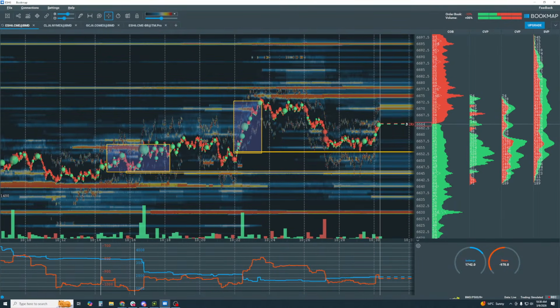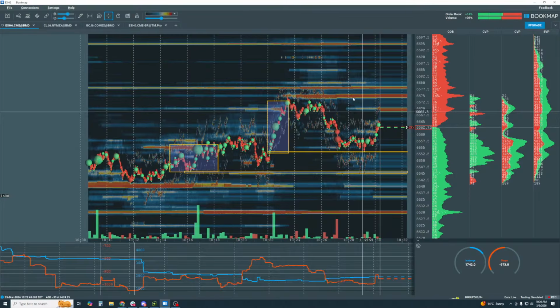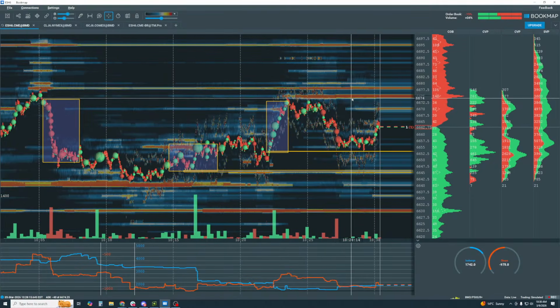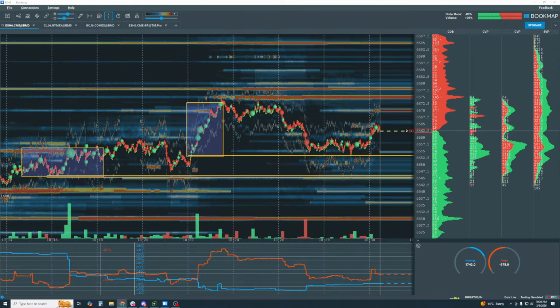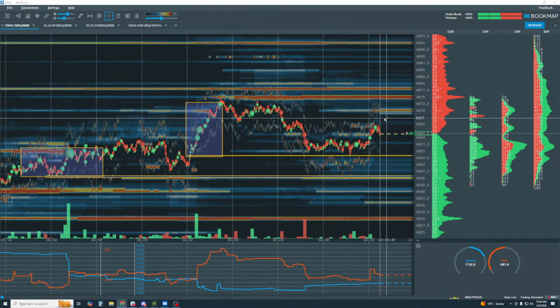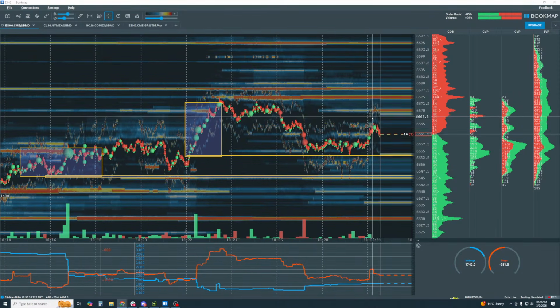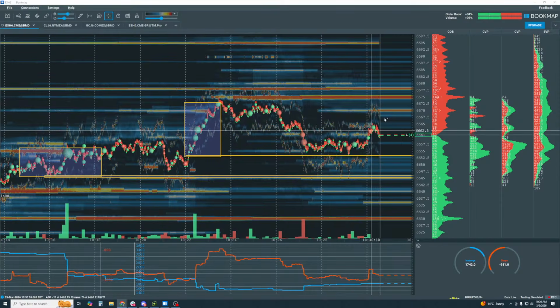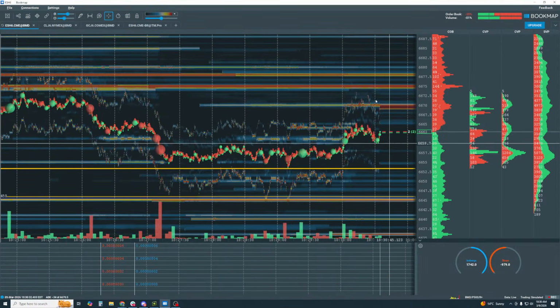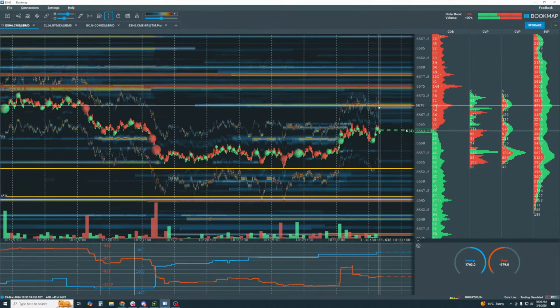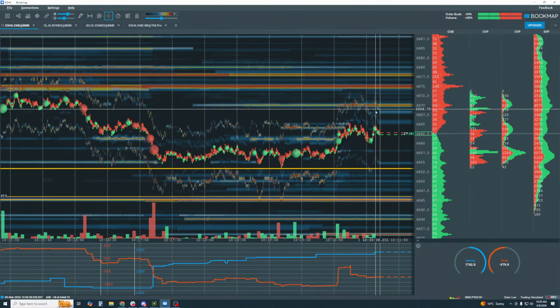Okay, I hope that makes sense. All right, a small breakout here. Let's see if these buyers can come back up and try to hit this 70 here.